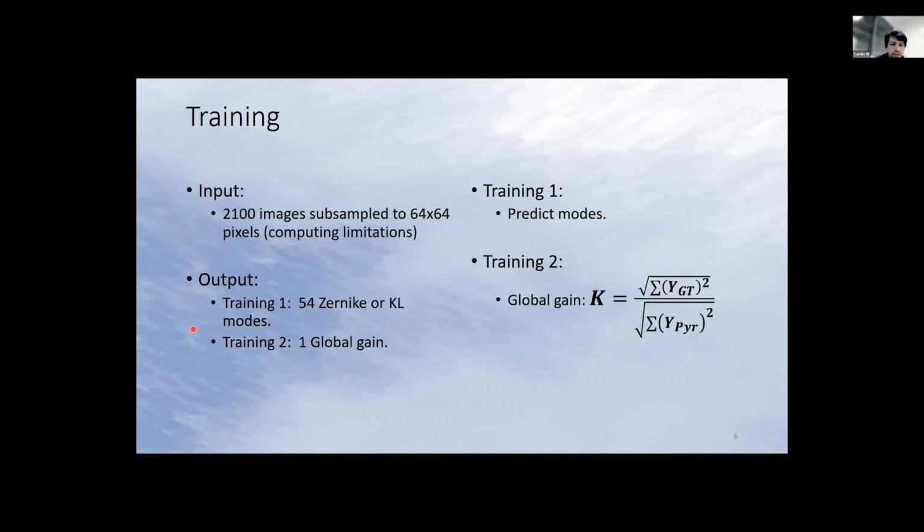And for the output, we train to 54 SCExAO Karhunen-Loeve modes, and in the second training for the global gain, we are using one value of the output, obtained from this equation. This is the relation between the SCExAO modes of the ground truth in the simulation and the SCExAO modes read by the pyramidal system. So this is how we are getting the global gain for the whole system.